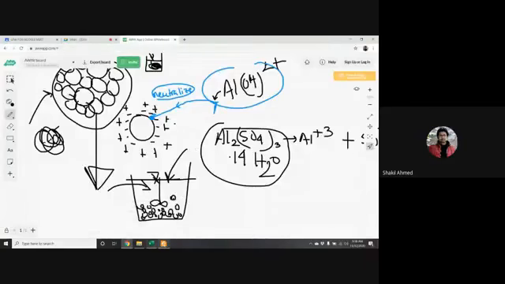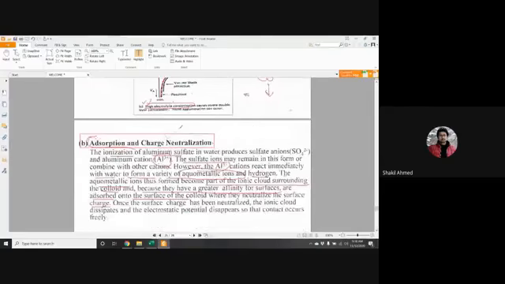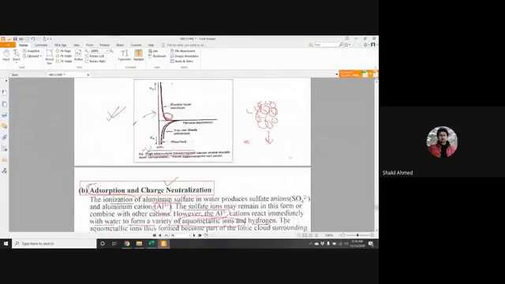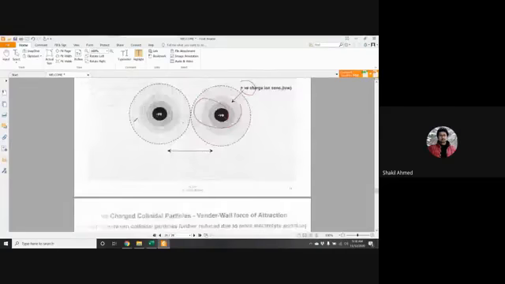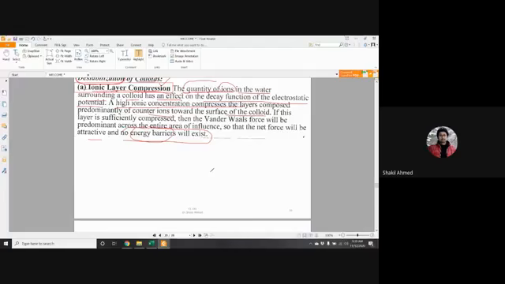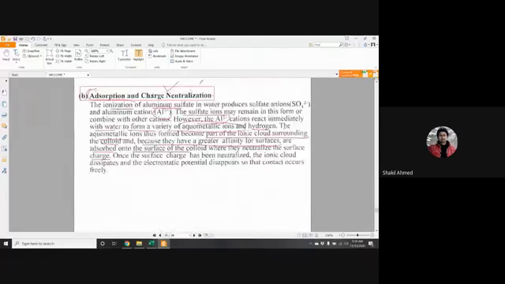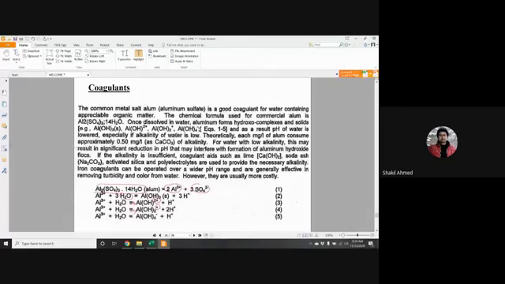So that is basically charge neutralization. One process was ionic layer compression by increasing the quantity of ions, that means increasing the concentration of ions, and the other one is charge neutralization by addition of some species like fitkiri, and this is called coagulant.